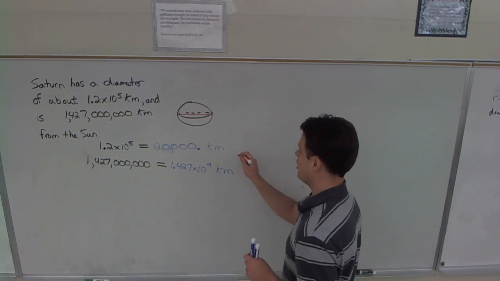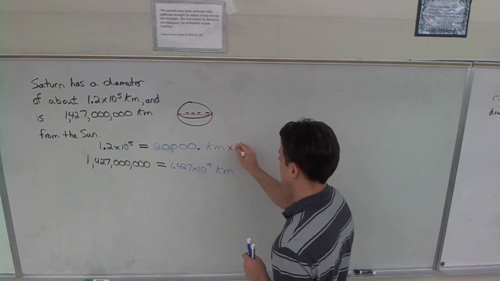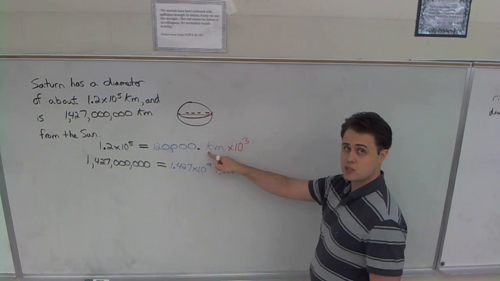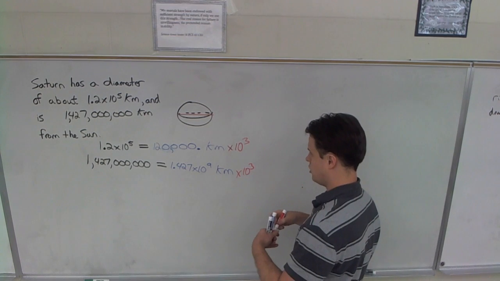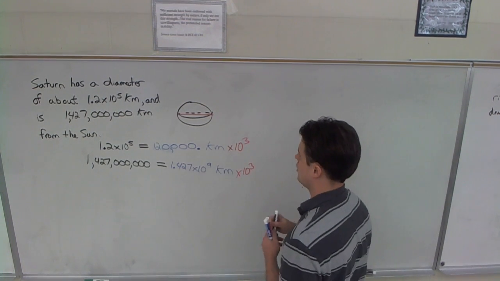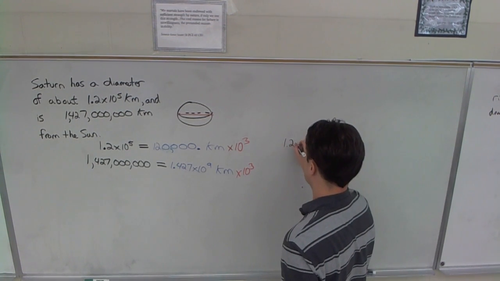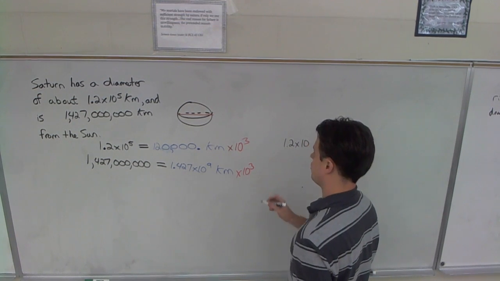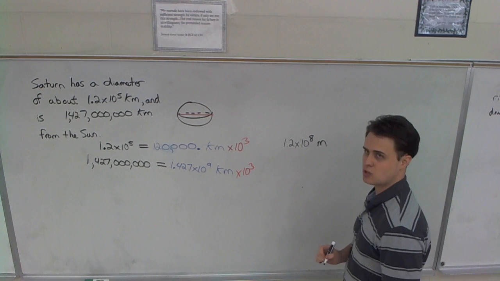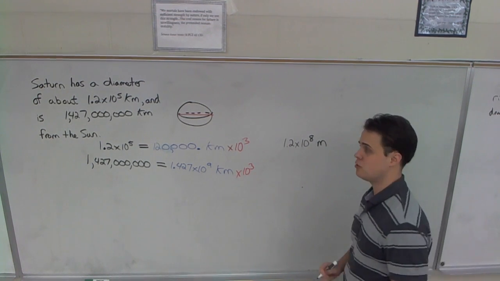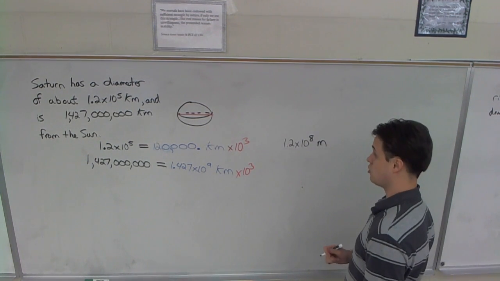So really, there's another piece of scientific notation hiding out here. That kilo means times 10 to the 3rd for both of these. So really, this one is 1.2 times 10, and I think we're going to have to move it 3 more spots over, to the 8th. That's how many meters, a meter being like 3 feet, that's how many meters Saturn is across.